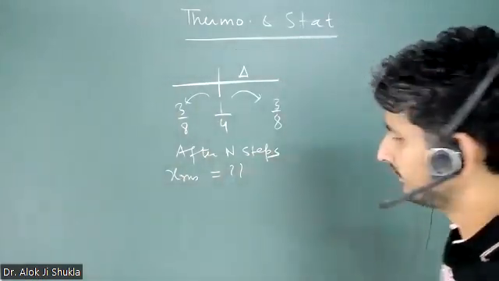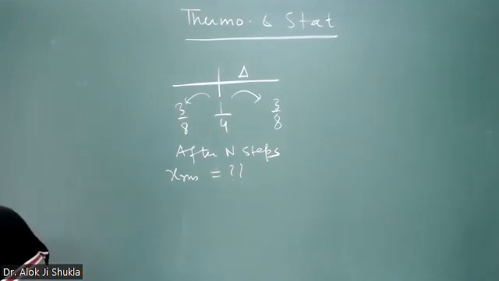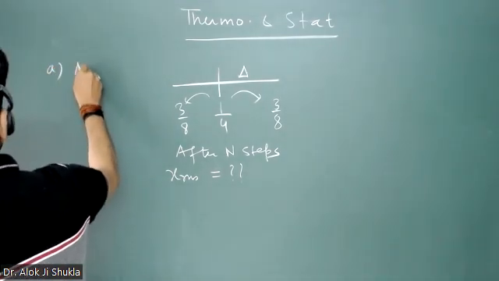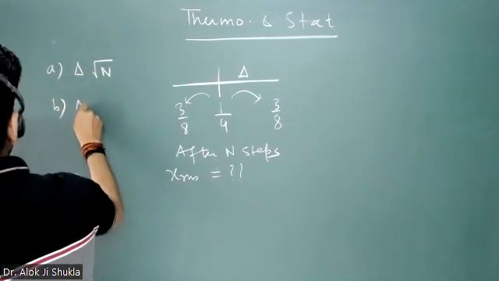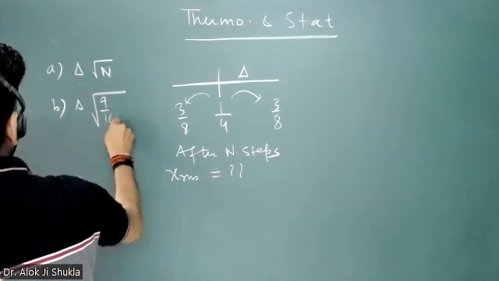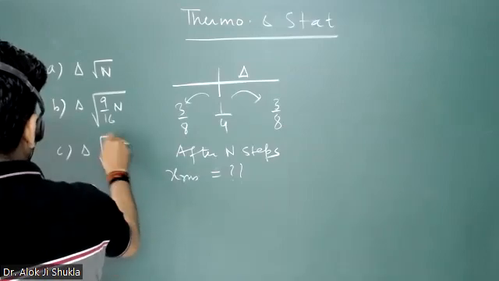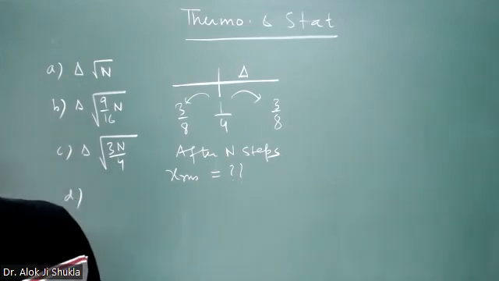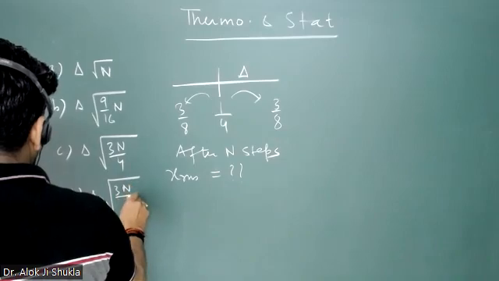So I will start from this: if you check the options, what are the options? Some questions, from the options it becomes easy to grasp. a is delta under root n, b delta under root 9/16 n, c delta under root 3n/4, and d delta under root 3n/8.